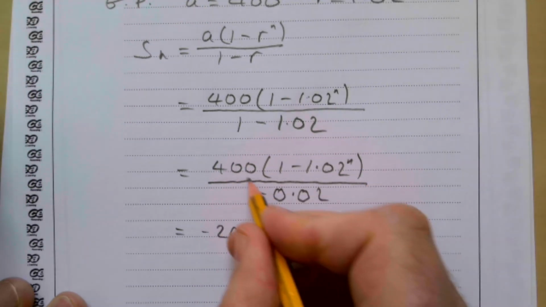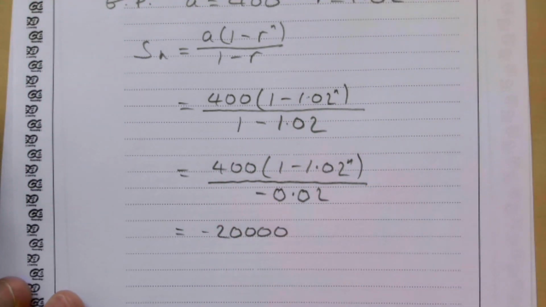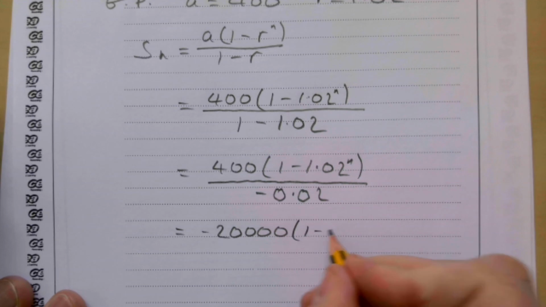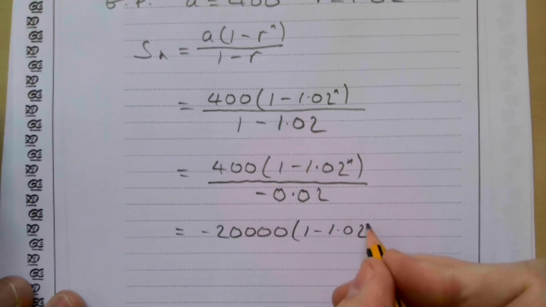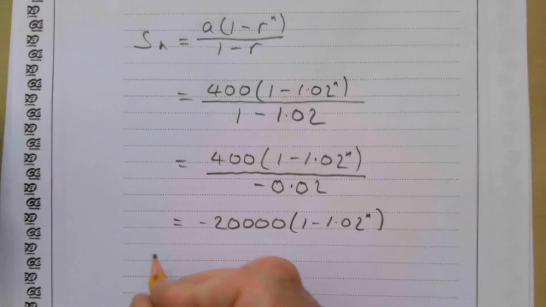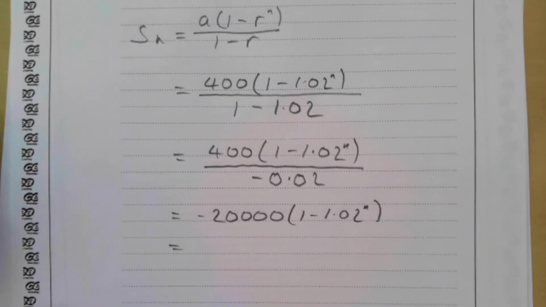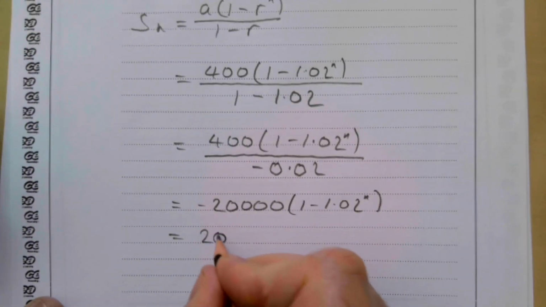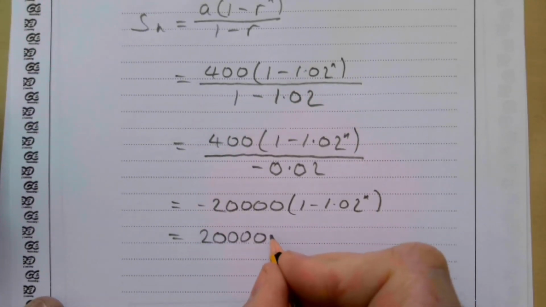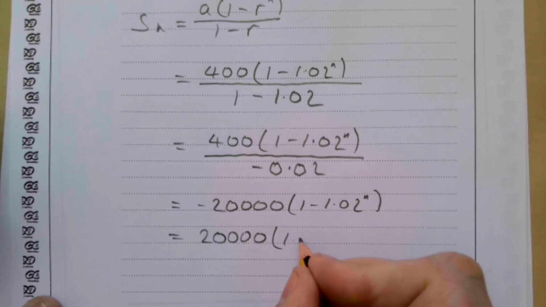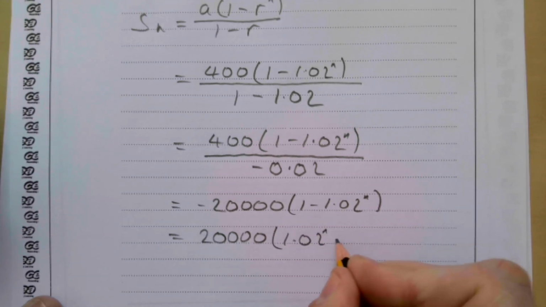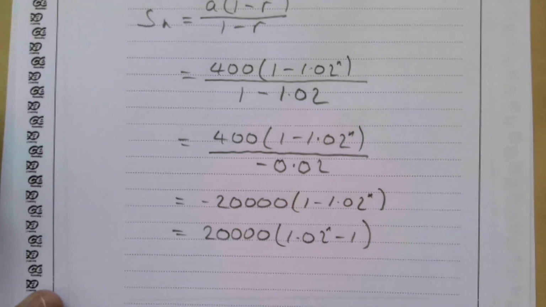So effectively you're multiplying that really by the 50. 1 minus 1.02 to the power of n, and then incorporating your minus in there, it's going to be 20,000 times 1.02 to the n minus 1.